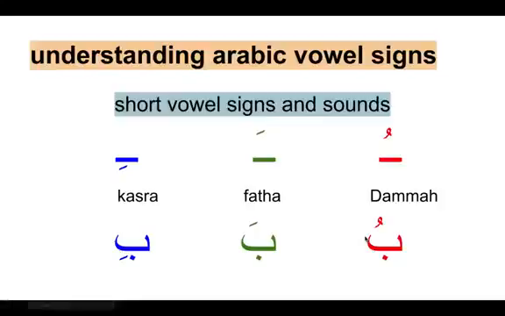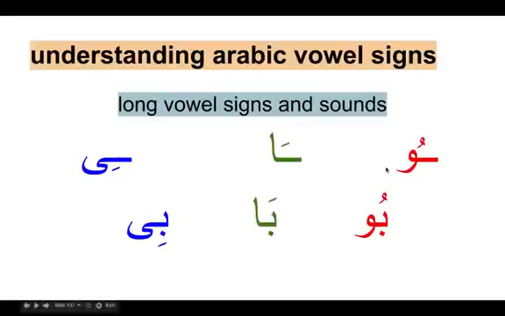We have something called a long vowel sign. A long vowel sign is made by attaching another letter to it to lengthen the sound of the vowel. For example, for the oo sound, we attach a waw and it becomes oo.